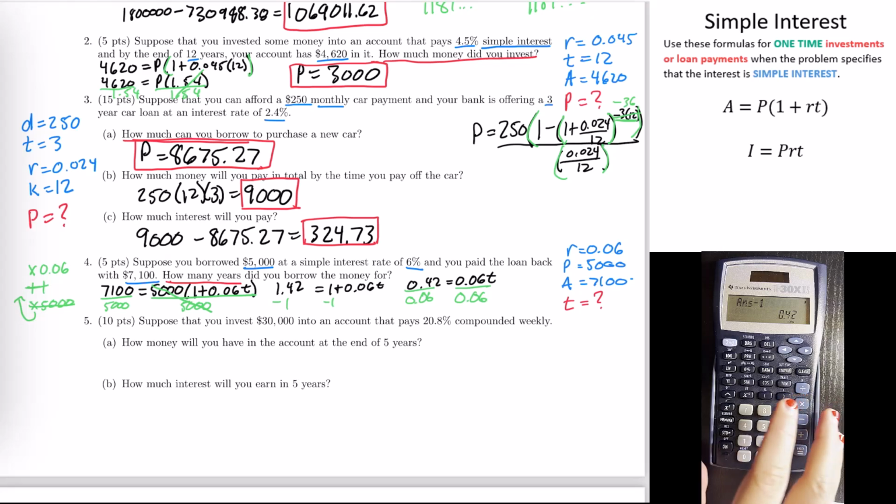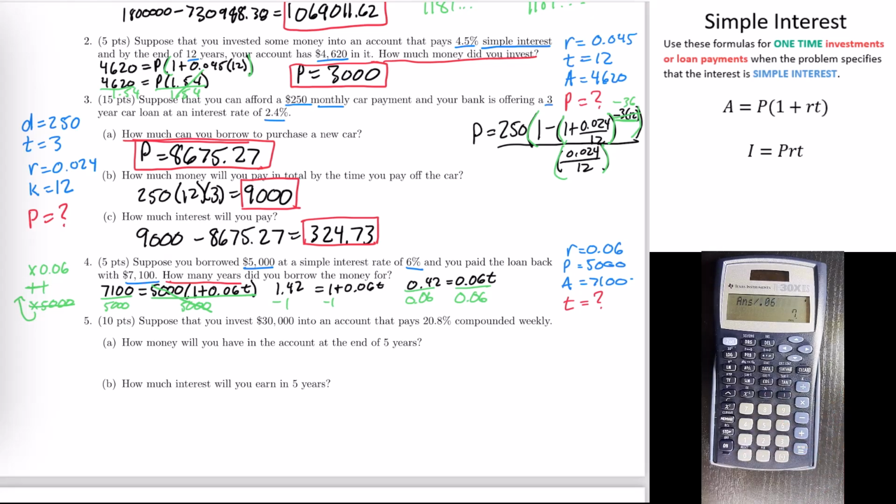And when I do that, 0.42 divided by 0.06 tells me that t equals 7. And that would be my final answer. I'm sorry that it's a little bit squished in the way that I showed my work there. Maybe I'll separate out my steps so that you can see how that would work. But that's how you would do question 4.